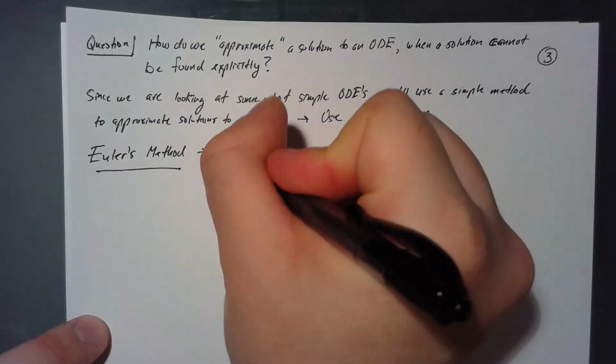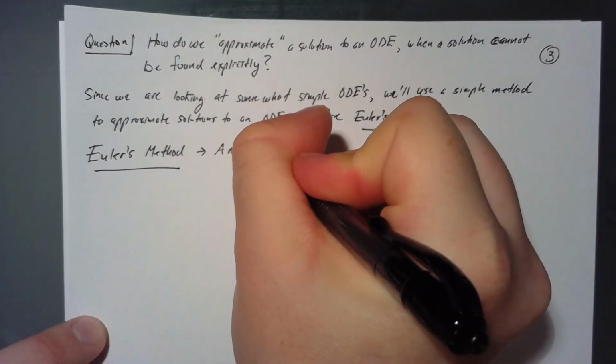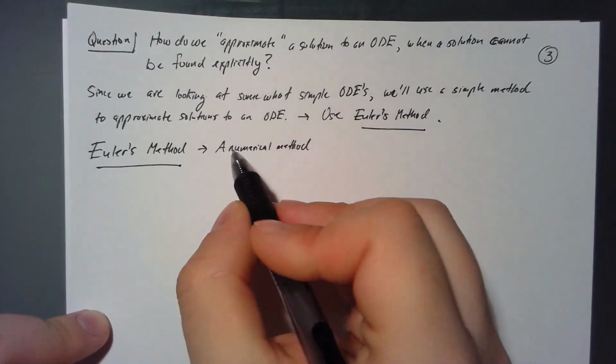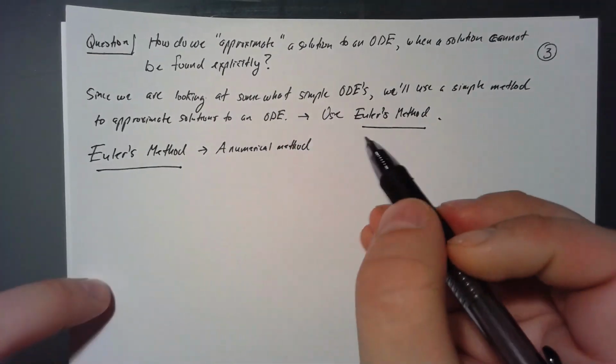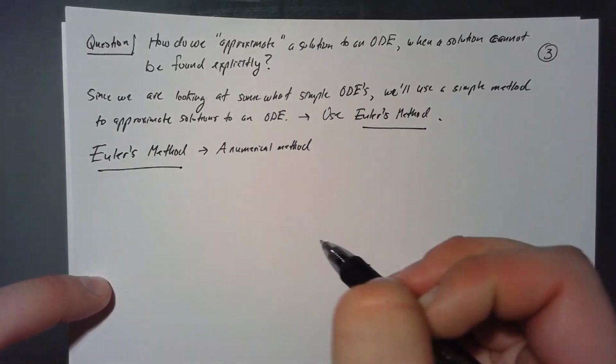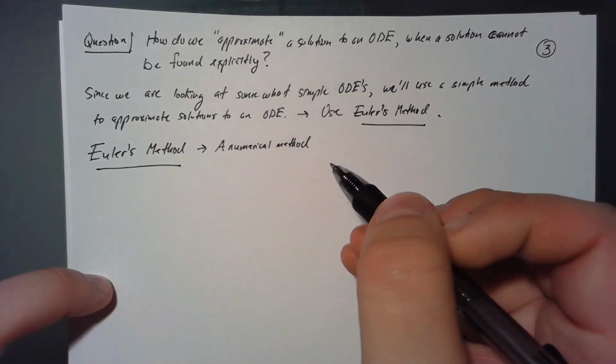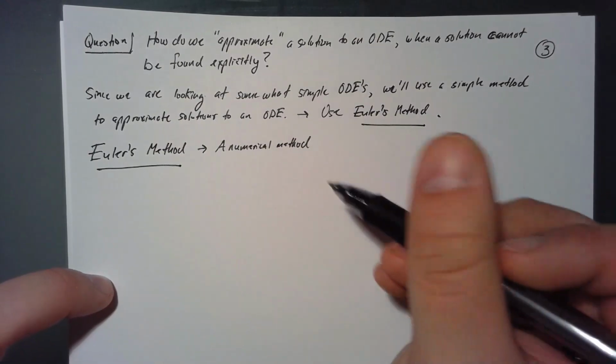A numerical method, and you would see that this is a numerical method, which means we take one part, go to the next part, go to the next part, and so on. And you would see this again if you took a course in, say, numerical analysis.